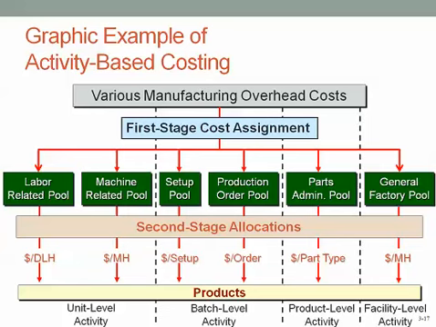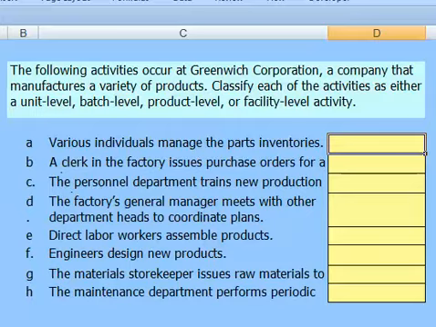So we'll take our labor-related cost divided by direct labor hours, and our machine-related cost divided by machine hours. These are our predetermined overhead rates. Then we'll apply the predetermined overhead to our products using our rate multiplied by the actual level of activity. Again, some of these we could classify as unit level, some as batch, some as product, and some as facility level.